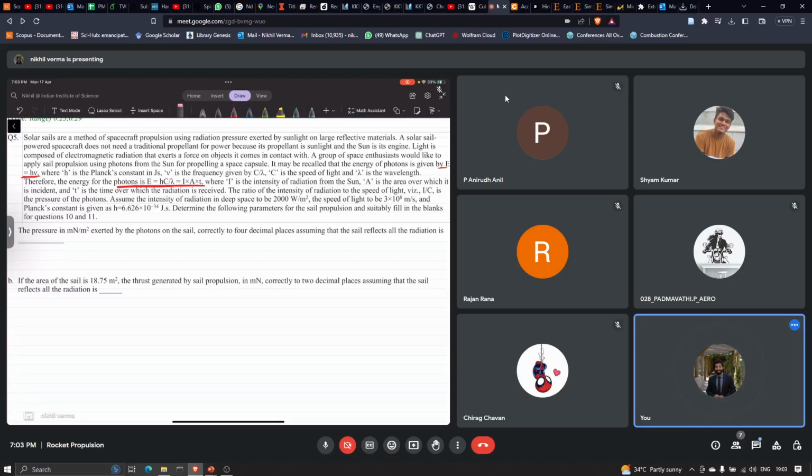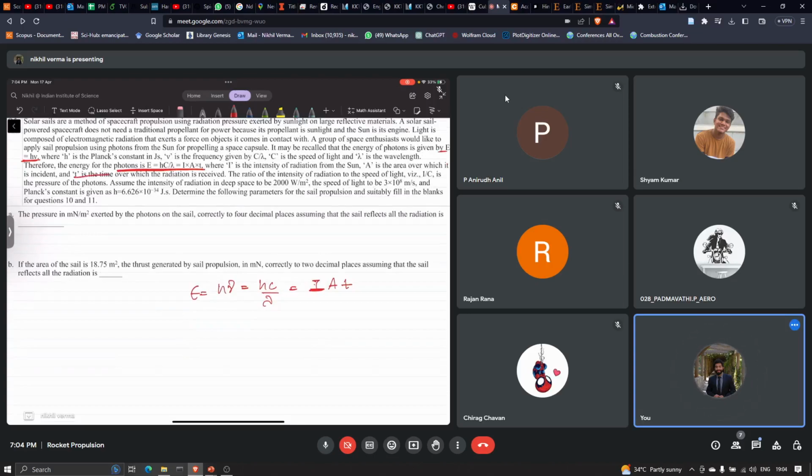So energy is h nu, which can be written as hc by lambda. It can also be written as the intensity of the radiation into the area and the time over which the radiation is received.